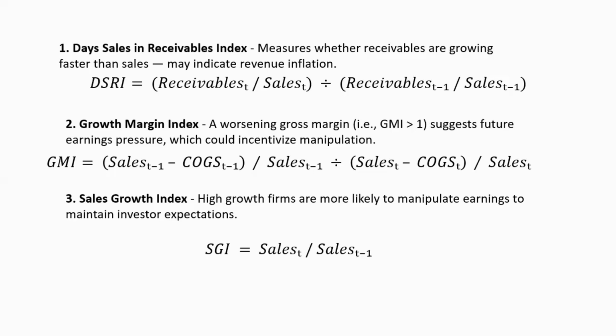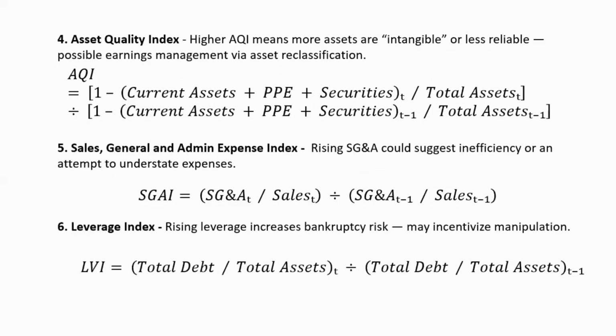Sales growth index is simple, just sales growth: sales of current year compared to the previous year. That's it. Asset quality index is when companies try to manipulate their statements using assets, such as Satyam, which will fall under this, because they manipulated their current assets, or more specifically cash balances.